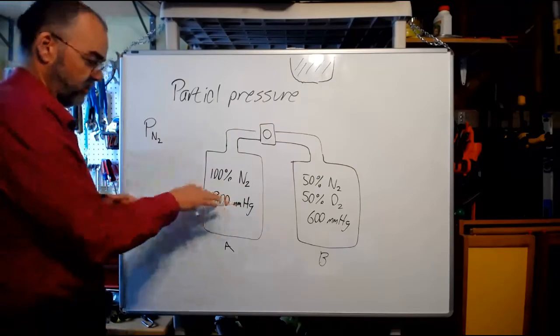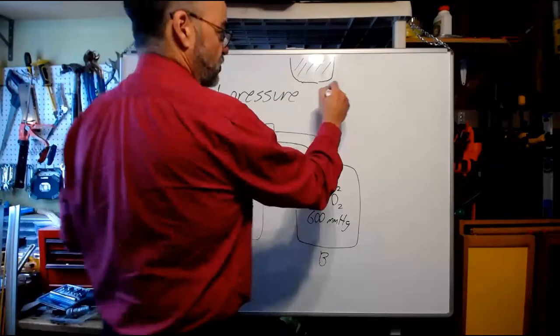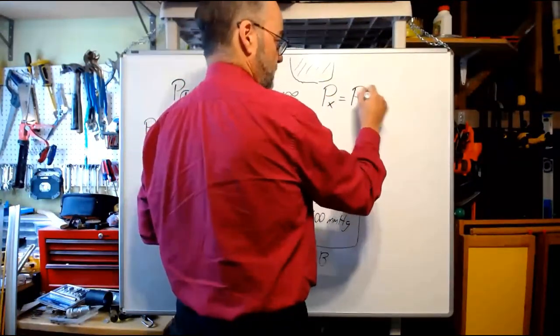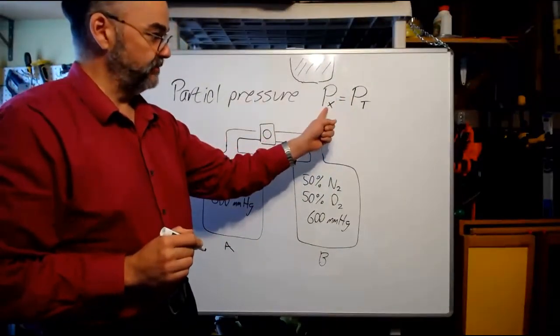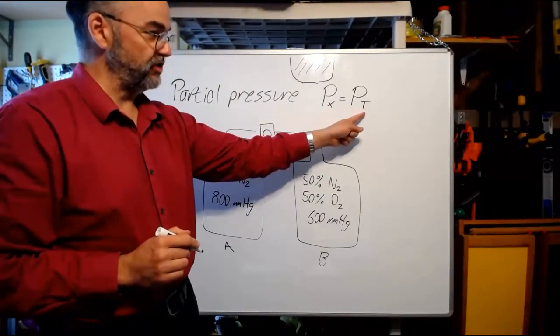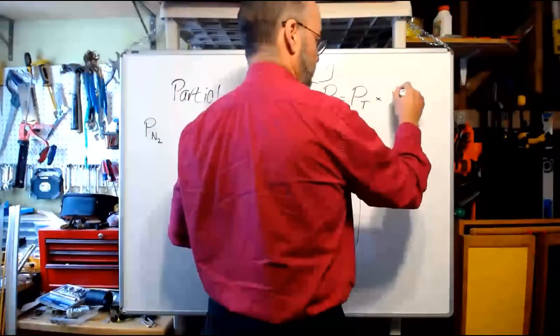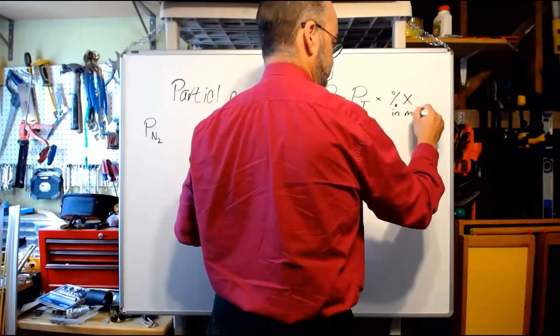If I wanted to know the partial pressure of nitrogen here: the partial pressure of gas X is equal to the pressure of the total mixture times the percentage of X in the mix.